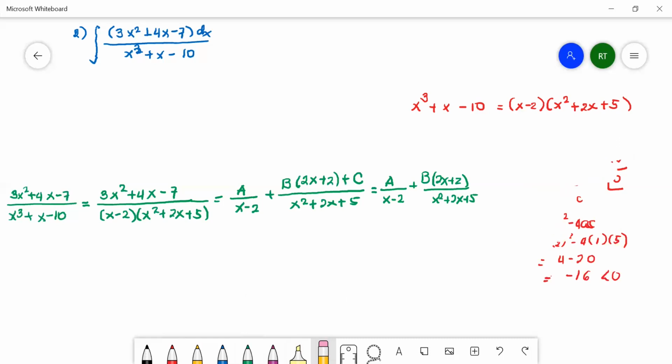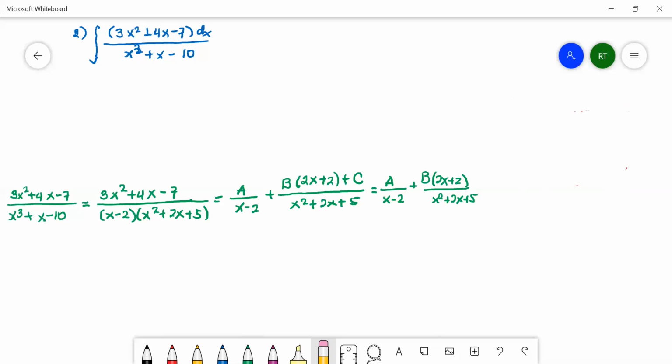We need space. Let me erase this one also. And we will have B times the quantity 2x plus 2 over the quadratic factor, plus C over the quadratic factor x squared plus 2x plus 5.